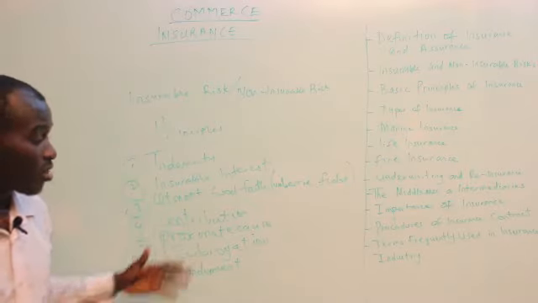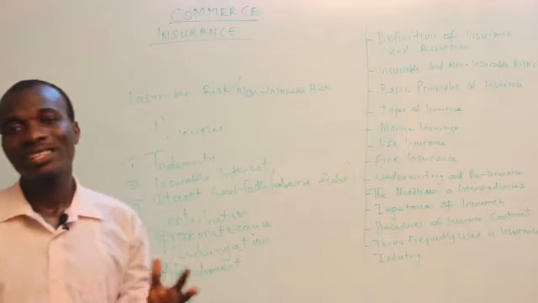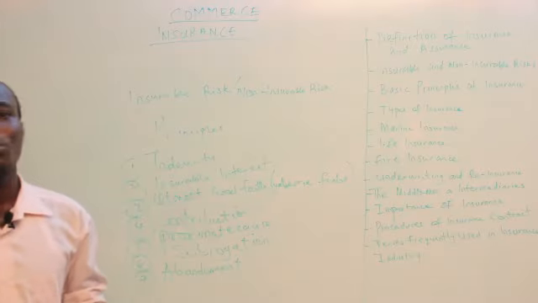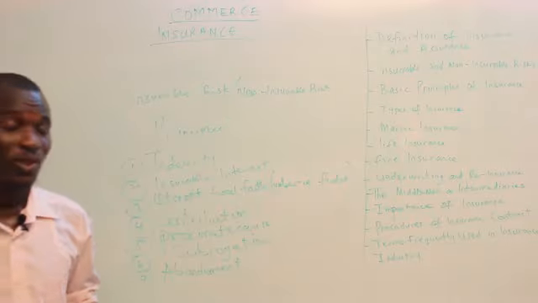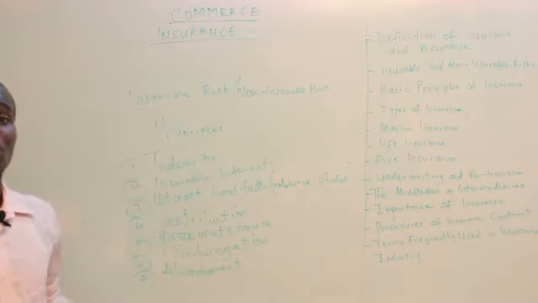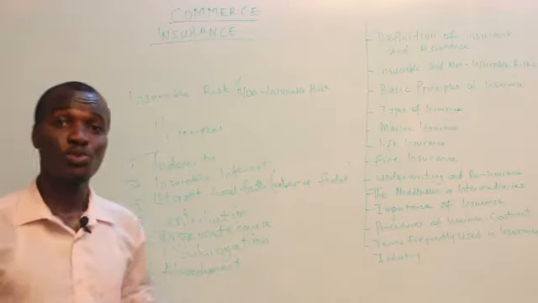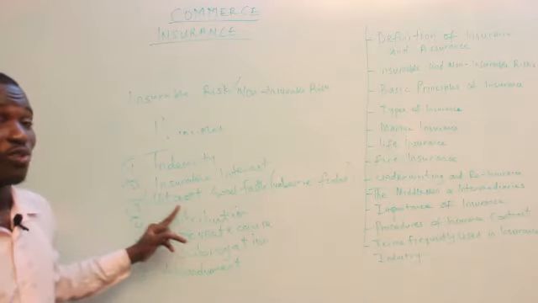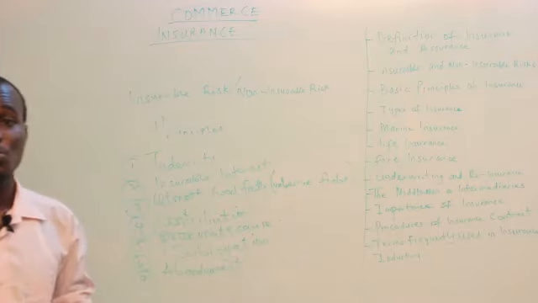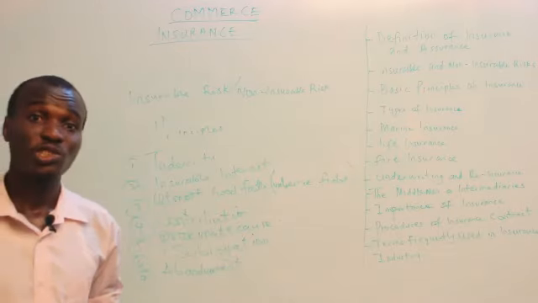So when the loss arises, each of these insurance companies will refuse to make compensation in full to you, because that is the principle of contribution. Each of these insurance companies will contribute to compensate you, so they won't make compensation in full. You have to take note of this principle of contribution while making an insurance contract.